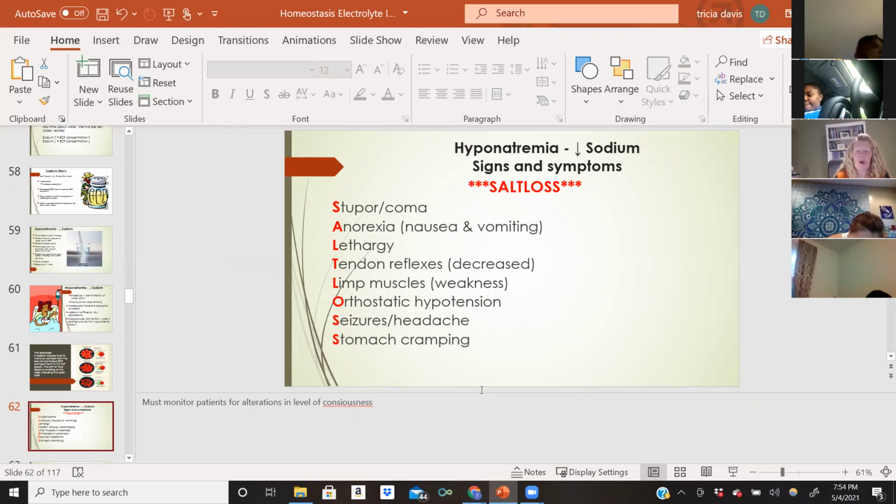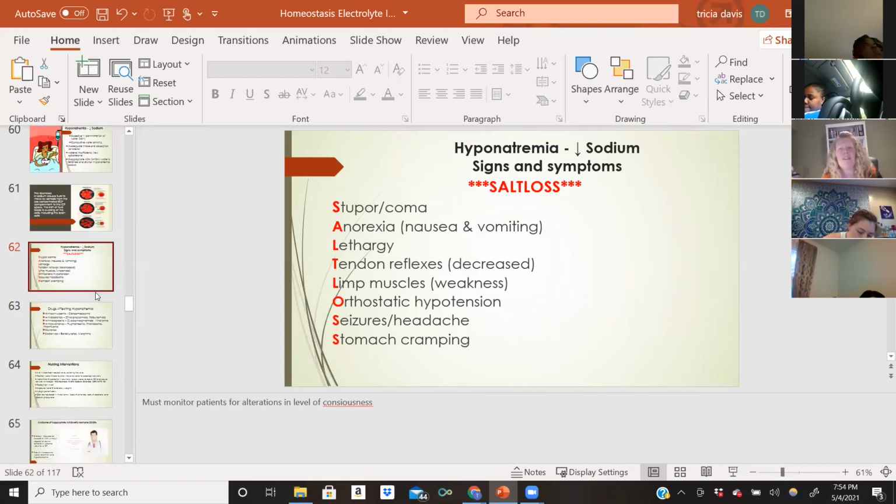So you are going to make sure that you are monitoring for alterations in level of consciousness. This is something that we see all the time with our old people. Our old people come in, they're dehydrated, and they are confused. It's one of the first things we think about with older people when they have a change. We're going to think UTI, or they're dehydrated, or they have low sodium.